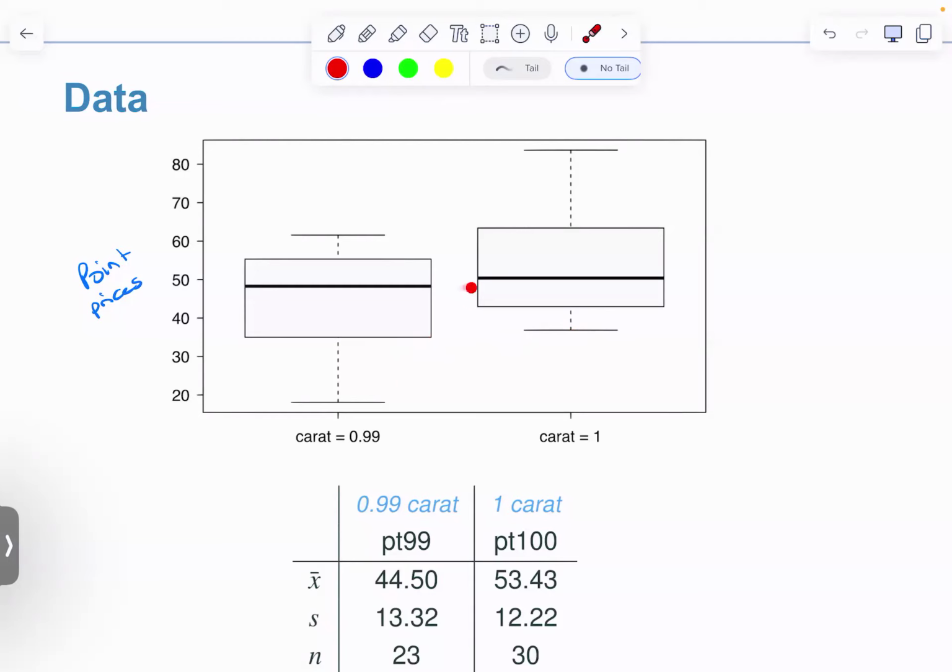The median looks roughly the same though. And so we can use these side-by-side box plots, which it's been a while, I know, to get an idea of how these groups compare.